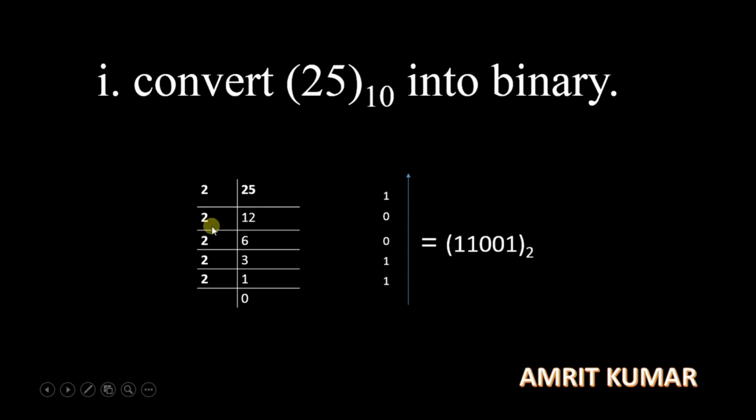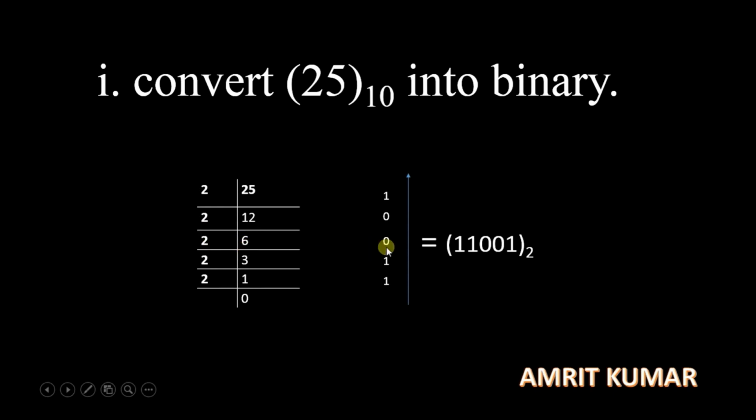Again 12 is divided by 2, giving the remainder 0. Then 6 is divided by 2, giving the remainder 0 because 6 is divisible by 2.